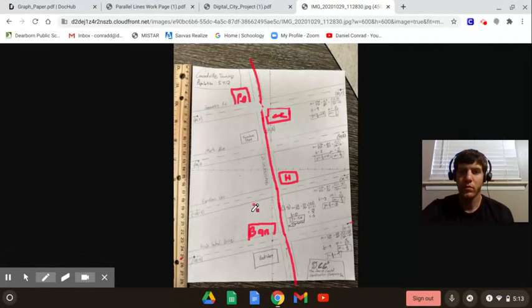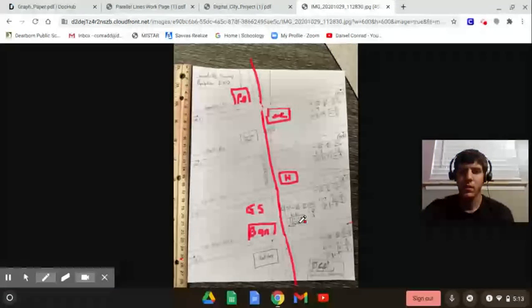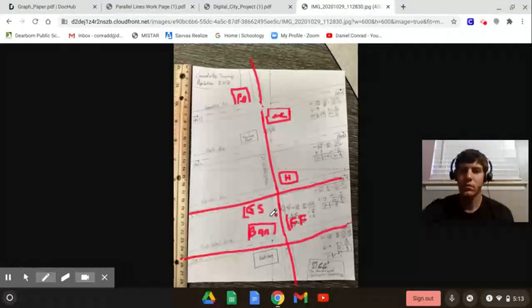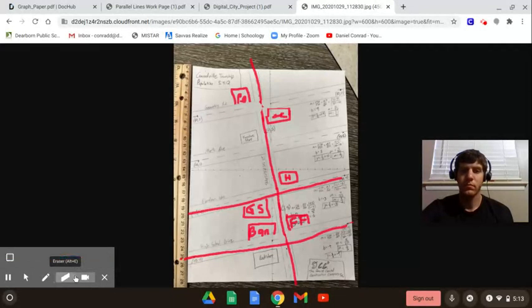So I'm going to put my grocery store and then my fast food restaurant at alternate interior angles, right? So I'm going to use these two lines for these two roads. Okay, so those are at alternate interior angles. So we're good there.